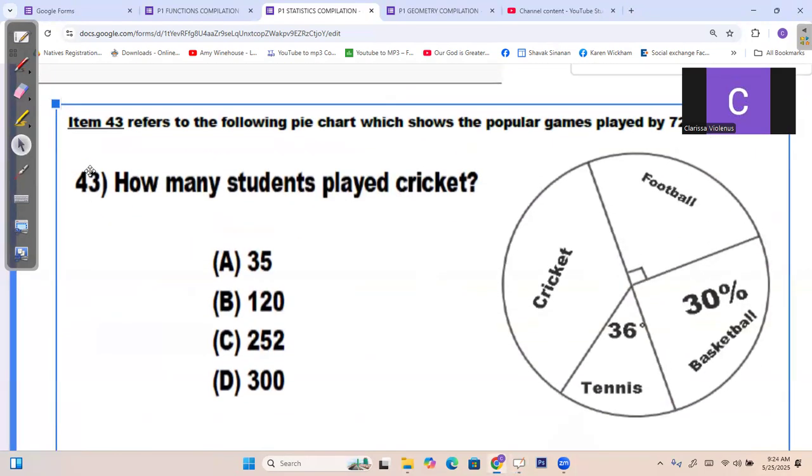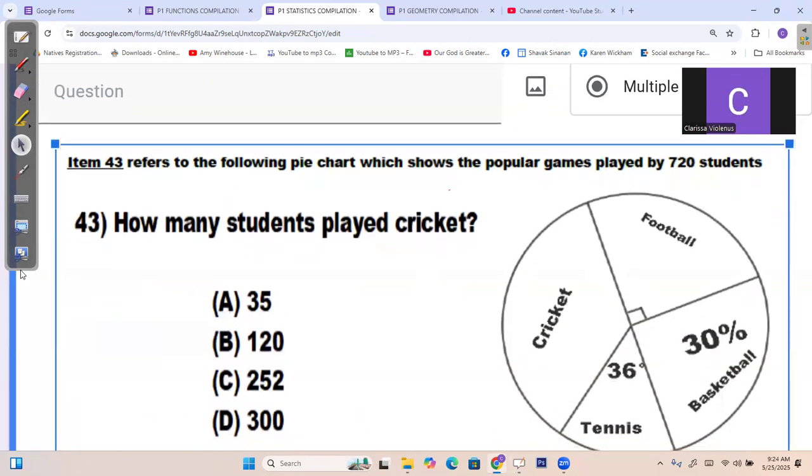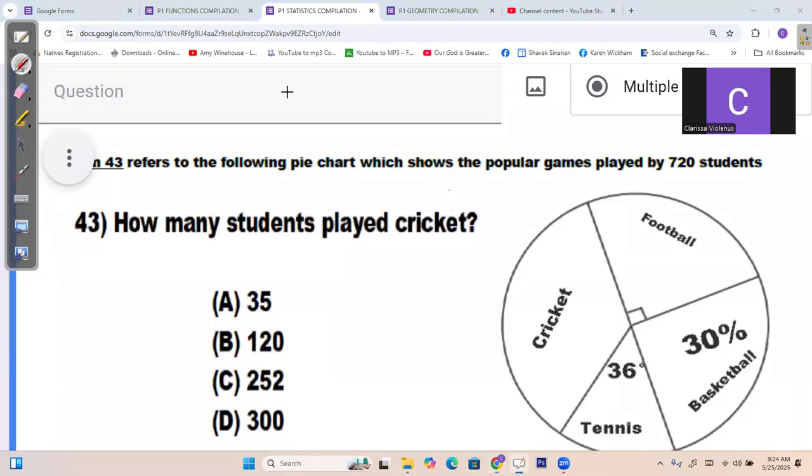How many students play cricket? Oof. They said 720 students played. So what I would do first is 30%. So that means this is not 90.